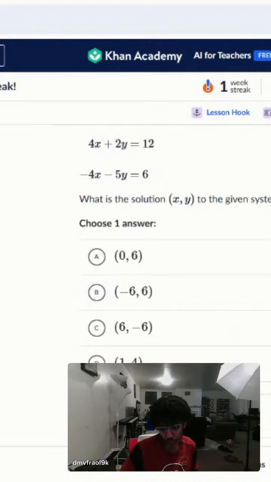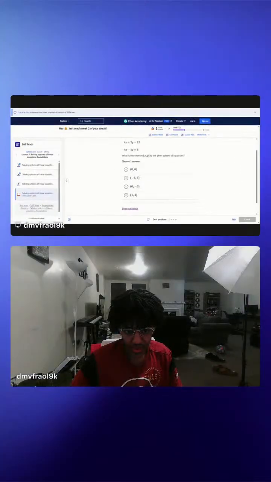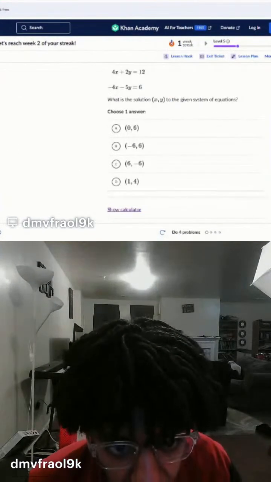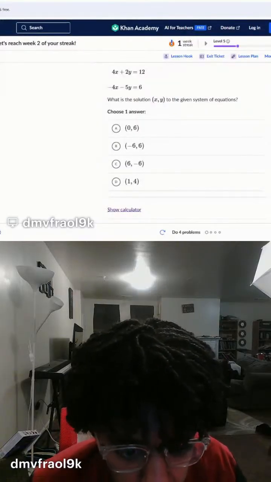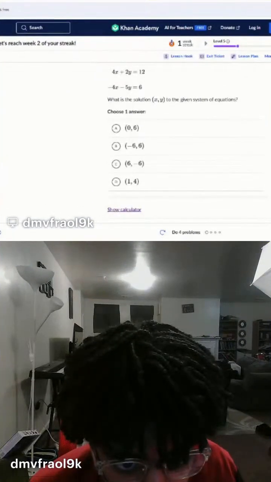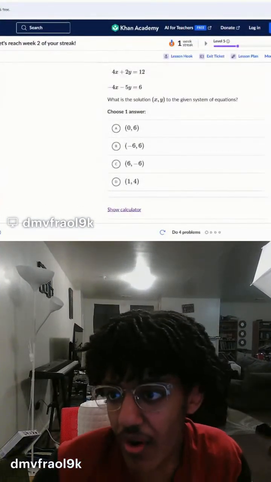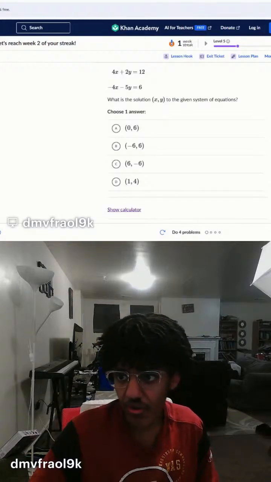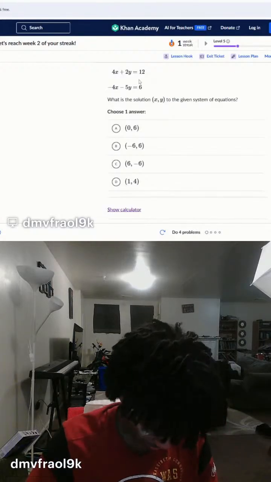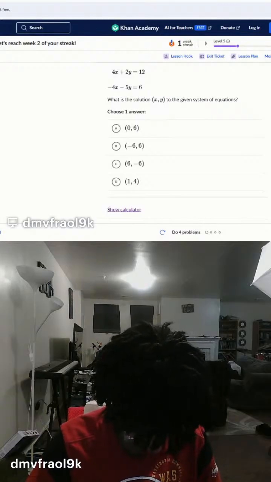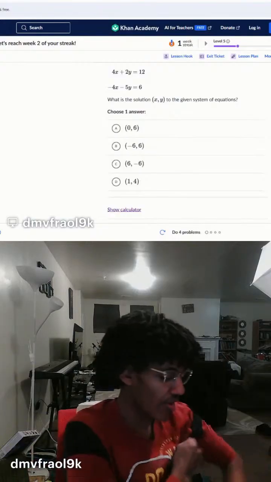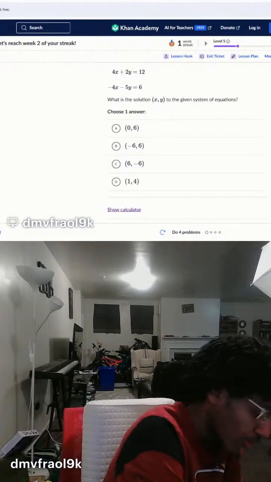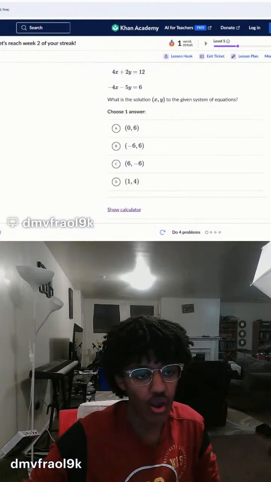Then these 2. And then we will do 2 minus, and then we have 4 minus, that's 0. 2 plus negative 5 is what?